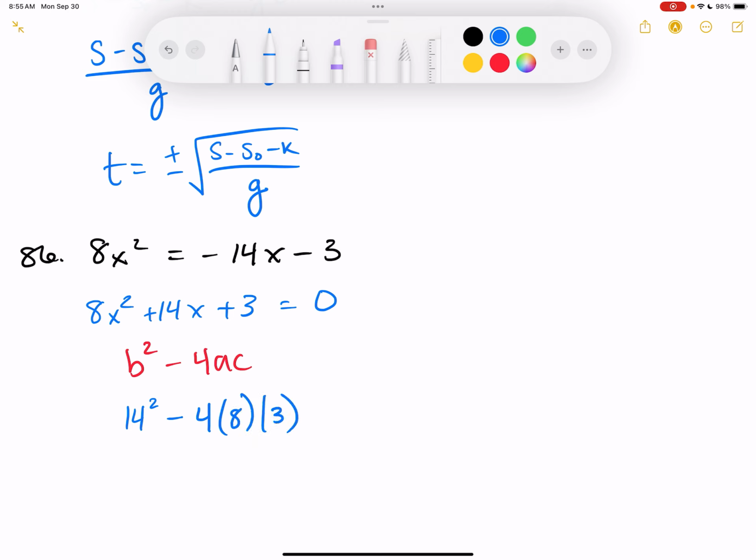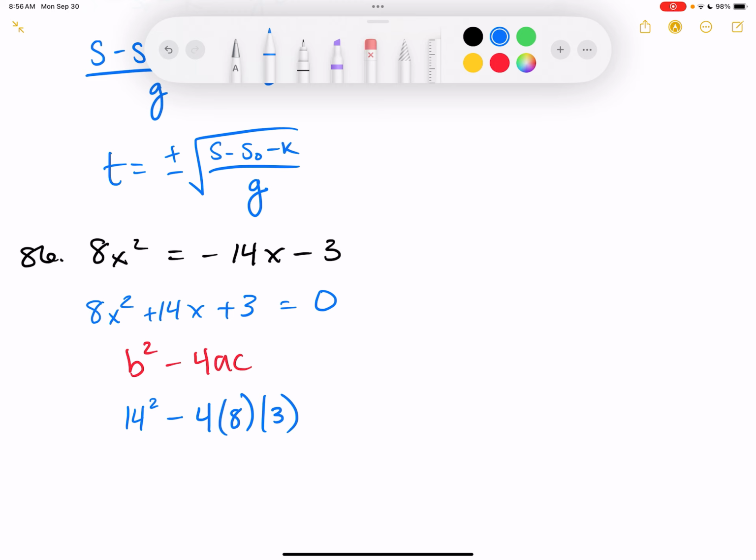Anybody know 14 squared off the top of their head? I think I know, but I'm gonna check. Okay. 14 squared is 196.